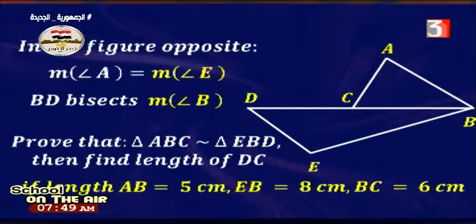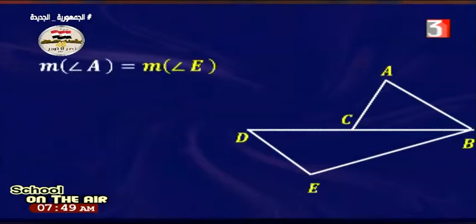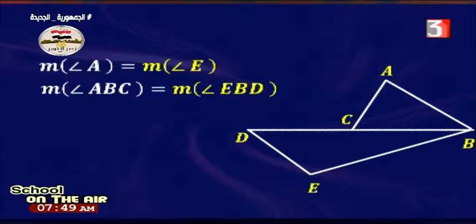And if the length of AB is 5 centimeters, EB equals 8 centimeters, and BC equals 6 centimeters, we want to find the length of DC. First of all, you have measure angle A equals measure angle E, given. And then measure angle ABC equals measure angle EBD.